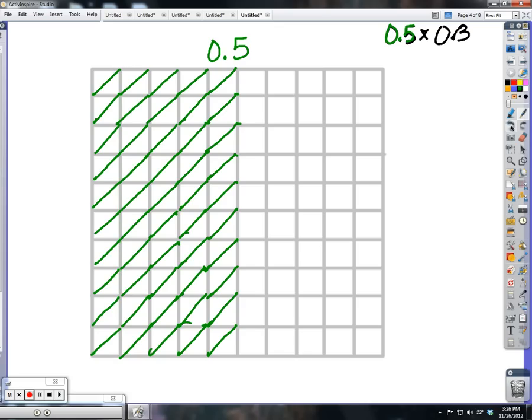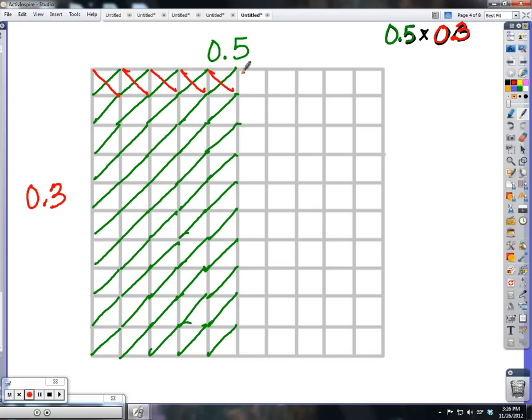Now, I'm going to use red to represent 3/10. And so that we can see it very distinctly, I'm going to put 3/10 over to the left. And this time I'm going to mark off the rows that would create 3/10. But this time the diagonals are going to go in the opposite direction.